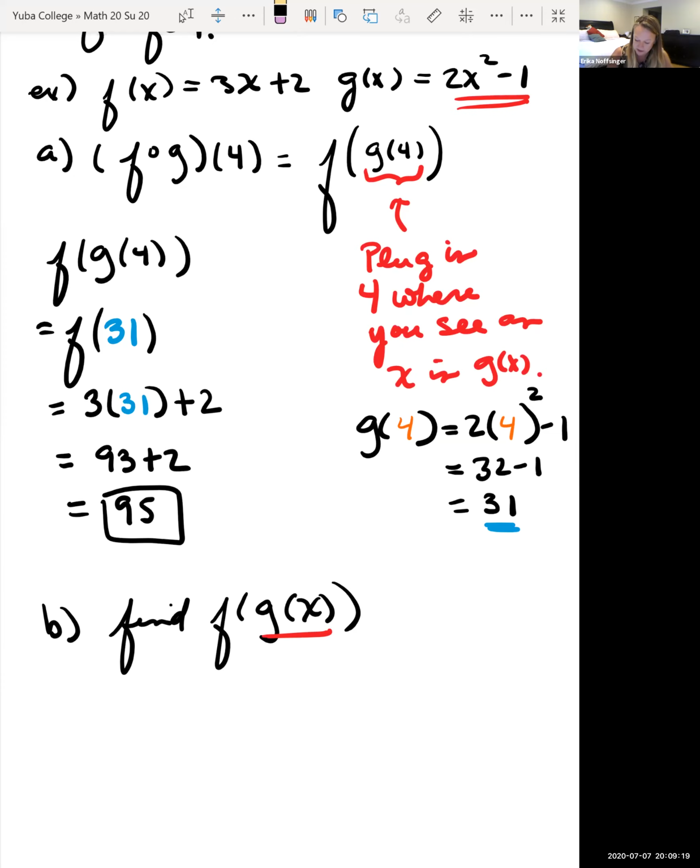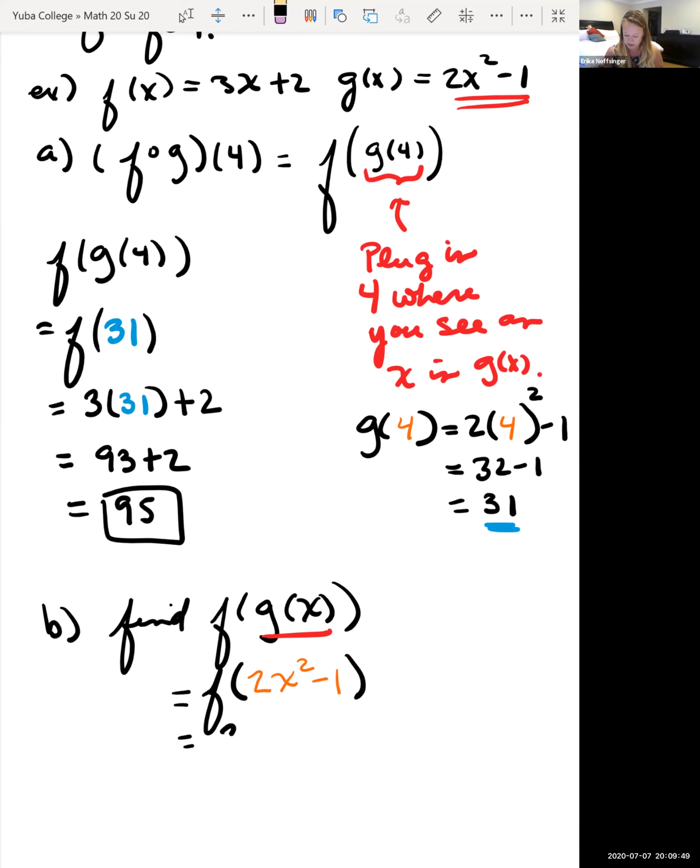So we could rewrite this as f of, well, g of x is the same thing as 2x squared minus 1. Now wherever we see an x in f of x, we're going to replace it with 2x squared minus 1.